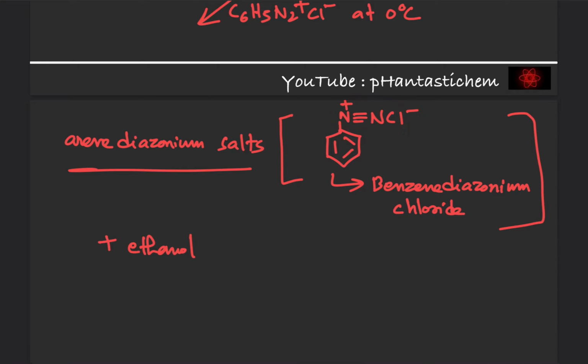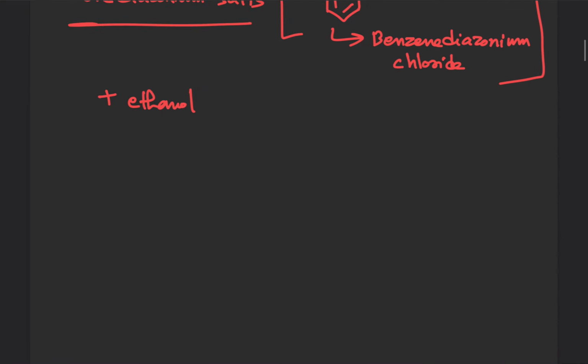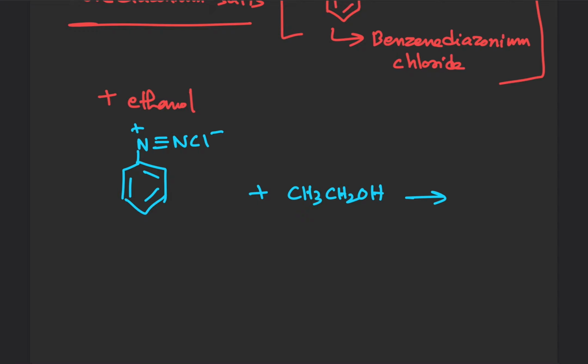With respect to the reaction, I can write benzene diazonium chloride, N positive charge triple bond N Cl minus, plus CH3CH2OH. So this whole group is replaced by an H. So we will get this, which is nothing but our benzene, because obviously there are hydrogens here that we don't show, and instead of this group we have an H now.